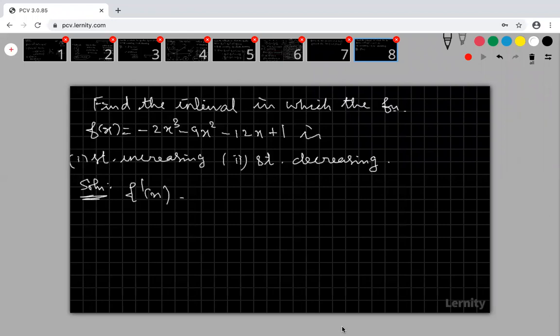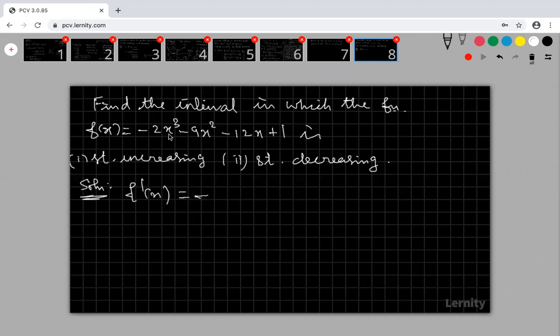What is your f dash of x? And what are the critical points?